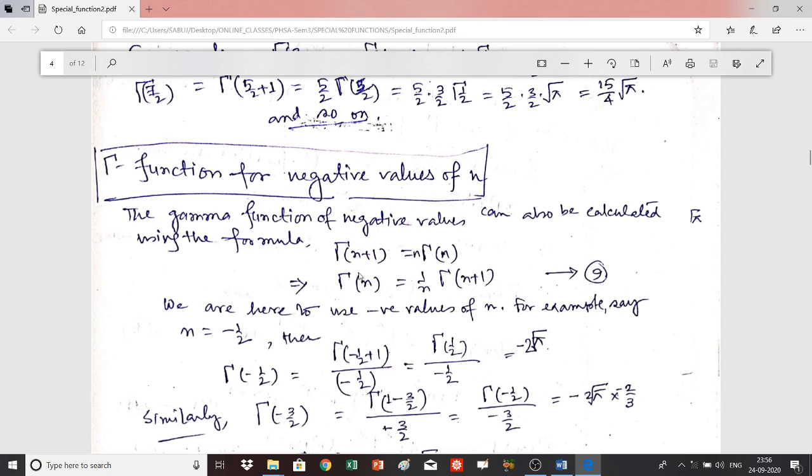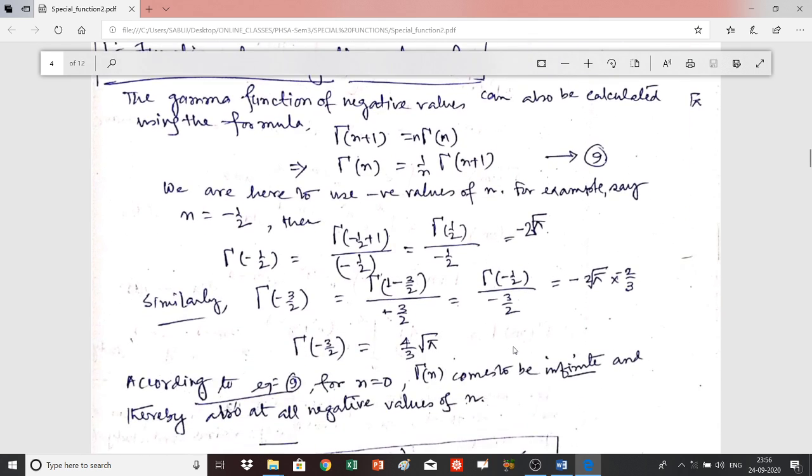So from this relation, gamma minus half will give you 1 by n, that means 1 by minus half, and then gamma n plus 1, that means gamma of minus half plus 1. That is done here. This will give you gamma half, and that is multiplied by minus 2, and you know that gamma half is equal to root pi. So this is nothing but minus 2 root pi.